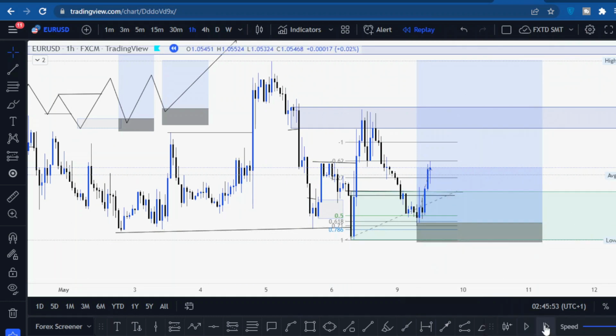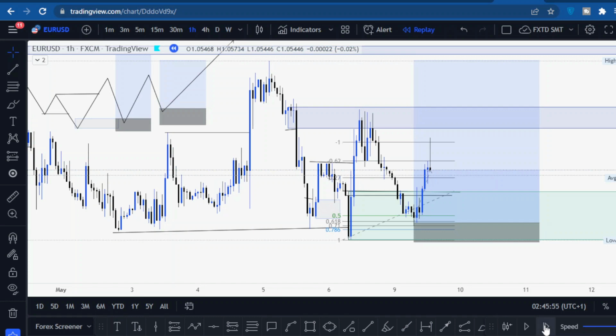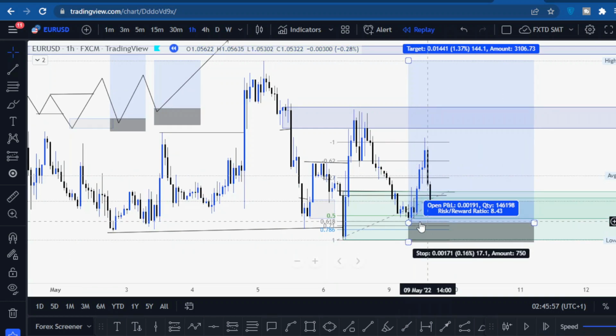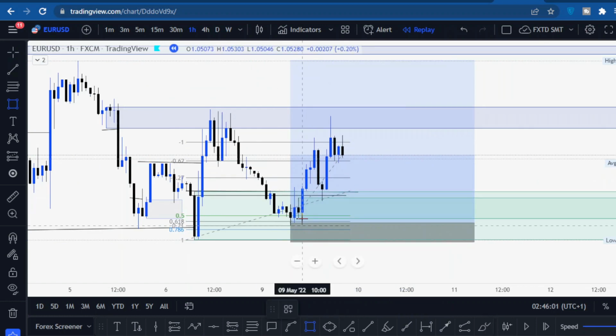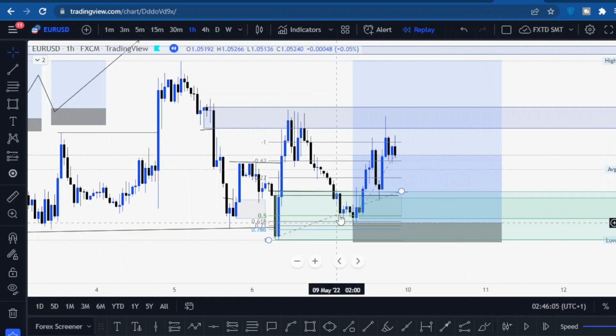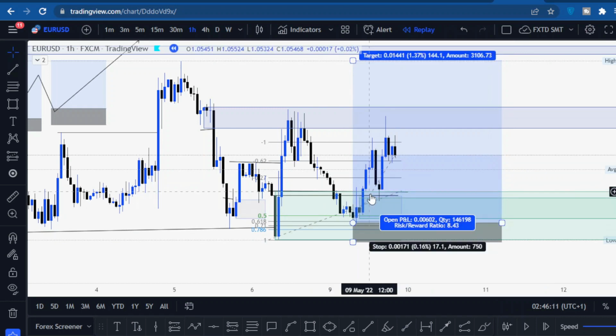But in this case, you can see what price did. Price came in, tapped in, retraced again, and gave another opportunity to enter this trade. I believe, look at the indicator, it marked it out right in between, and that's another possible entry.